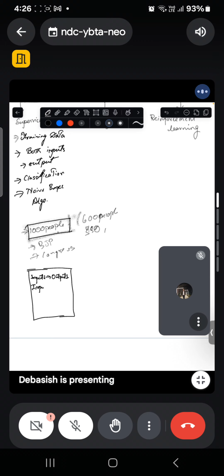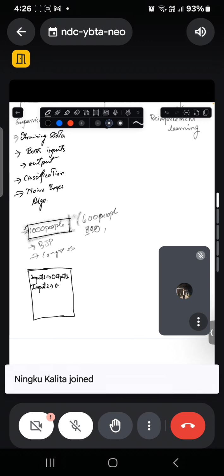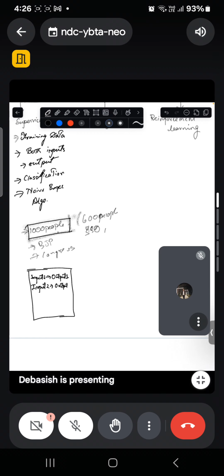Input 2, and so on. These are kind of data. So this is the training data, based on which we will design an algorithm.